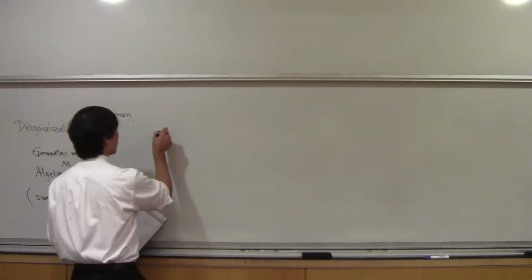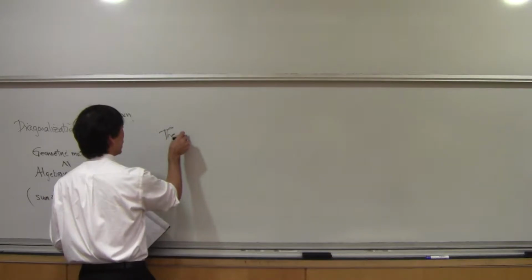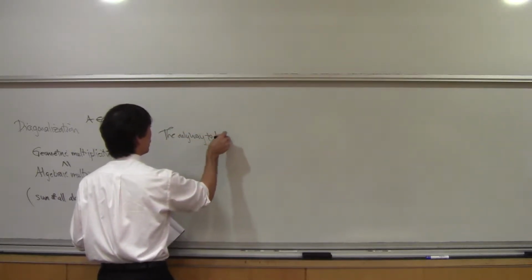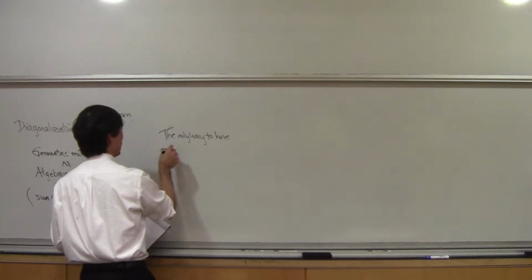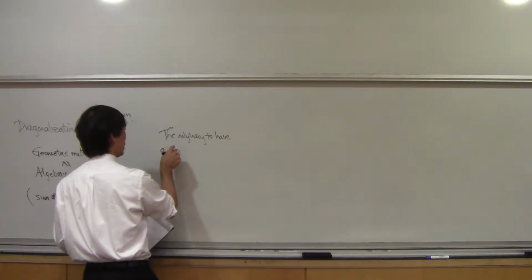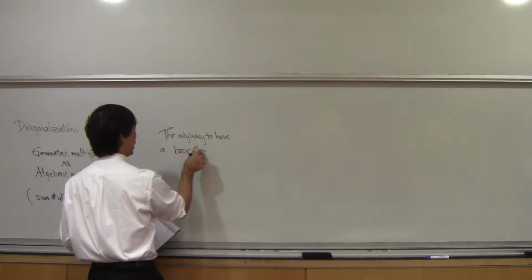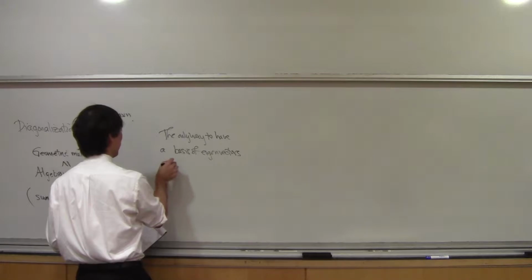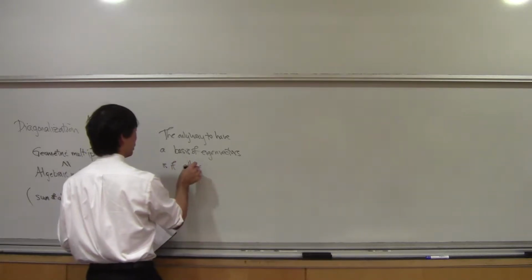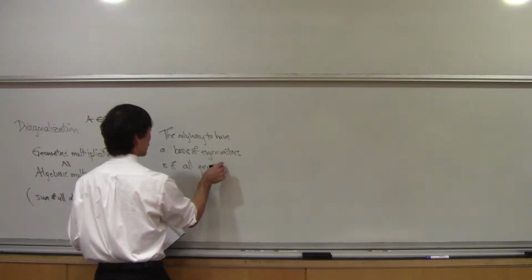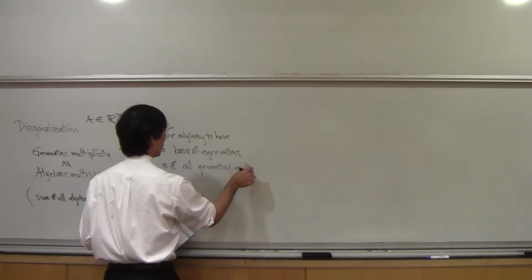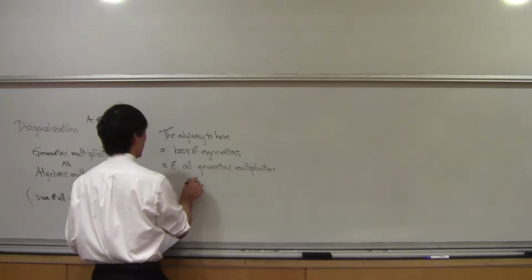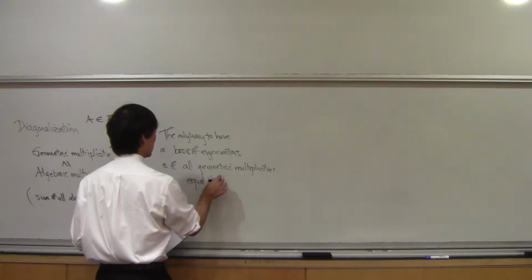The only way to have a basis of eigenvectors is if all geometric multiplicities equal the algebraic multiplicity.